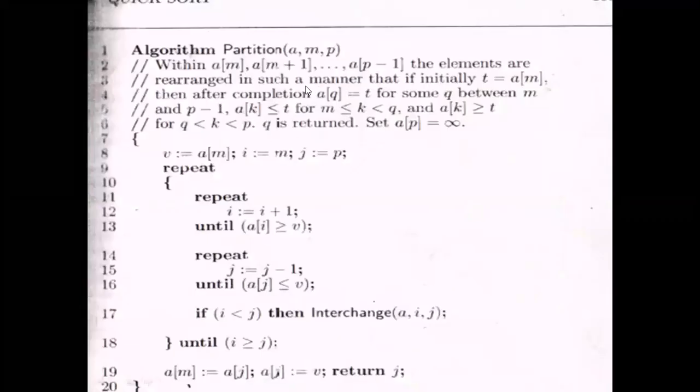In the previous iteration, 45 is in the ninth position and 70 in the second position. The rearrangement of elements is done using this partition algorithm. So 45 interchanges with 70.